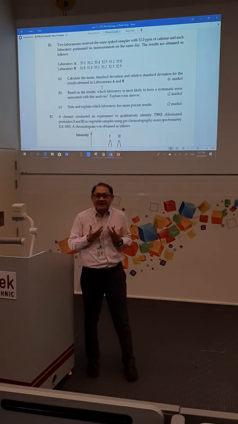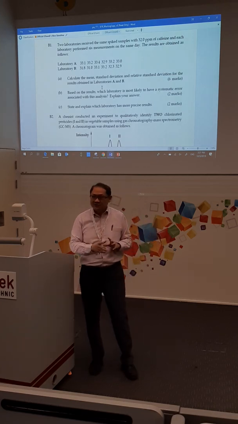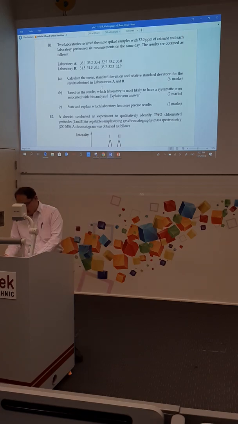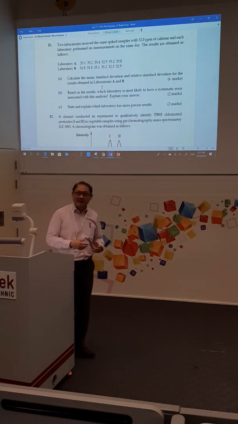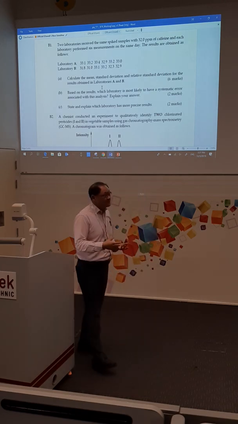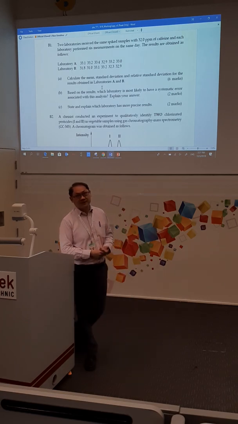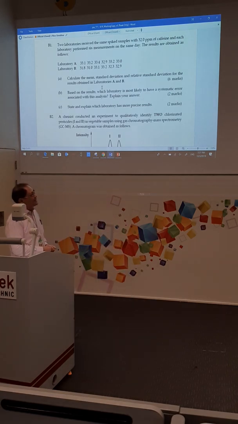Then I can comment that is a pattern to me. So that's why I can comment that most likely laboratory A comes with the systematic error, because that's very simple: all results are higher than the average.